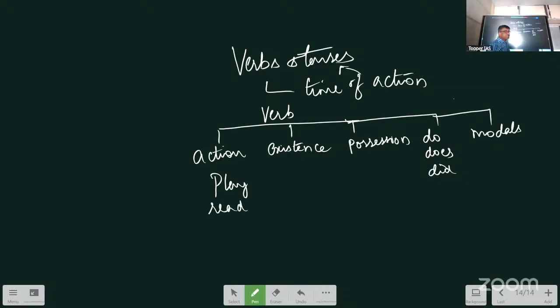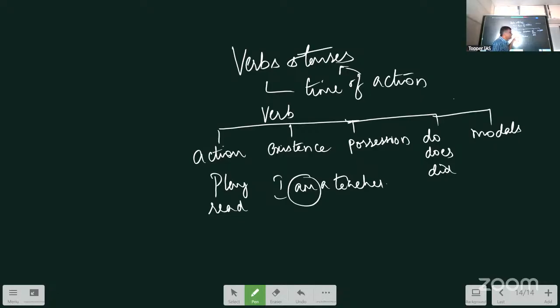Okay? Existence. For example, if I say, I am a teacher. ಇಲ್ಲಿ action ಇಲ್ಲ. There is no action here. But this word am is called a helping verb. Why?